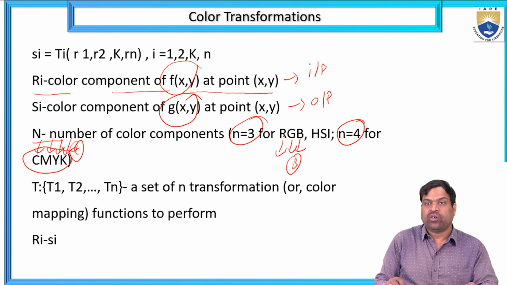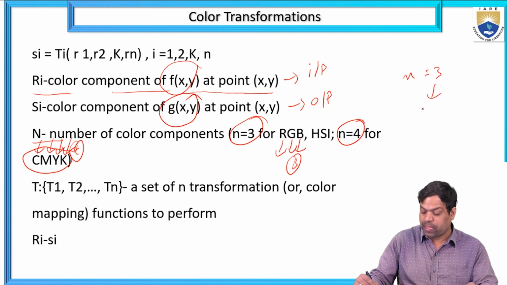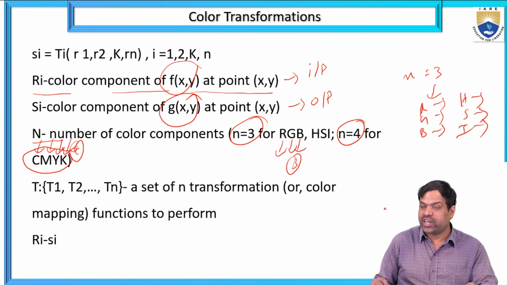So when n equal to 3, that is RGB, red, green, blue, or HSI, hue, saturation and intensity.